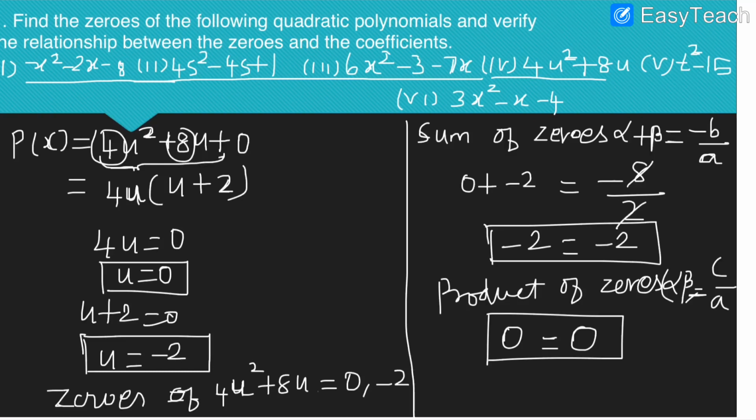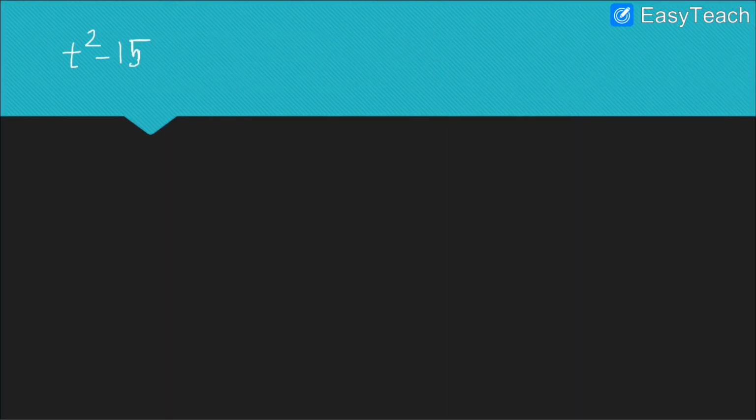Let me move on to the next problem, which is t square minus 15. Look at this format. This is also one of the formula based questions. The formula used here is a square minus b square equals a plus b into a minus b.